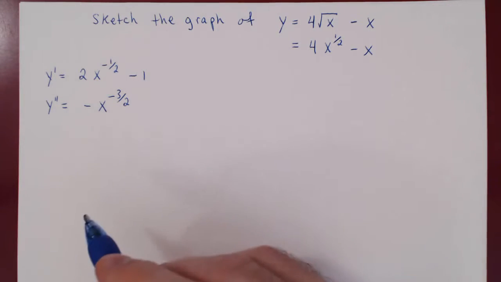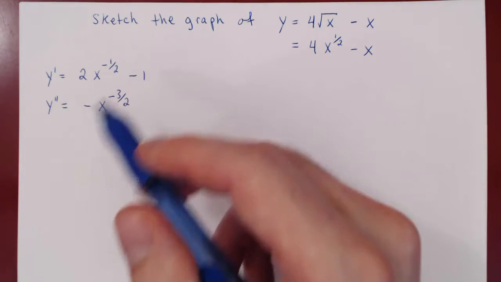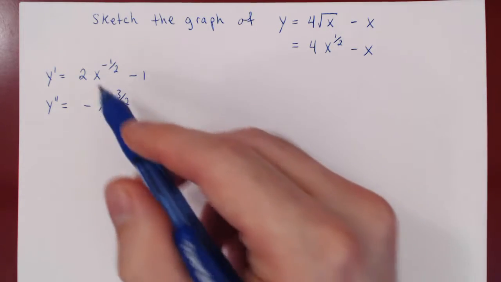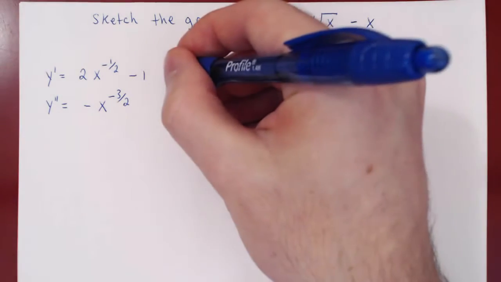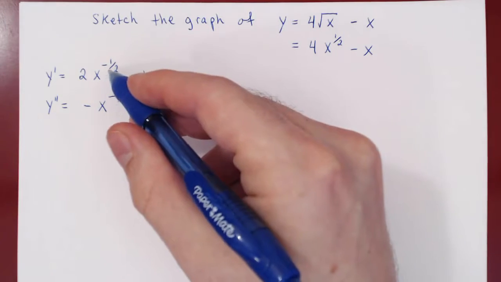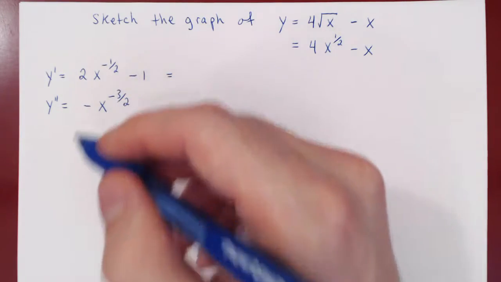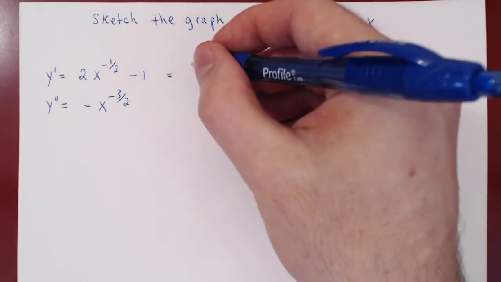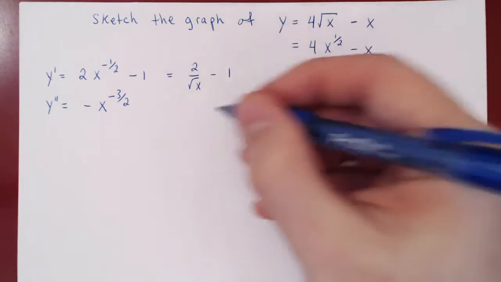We have the two derivatives, and now when we look for critical or inflection points, we look for the derivative being either 0 or undefined. So we'll rewrite this so that the exponents are positive. The derivative will be, if you send x to the denominator, the negative 1/2 becomes a positive 1/2 power, which is just root of x, so 2 over root of x minus 1.